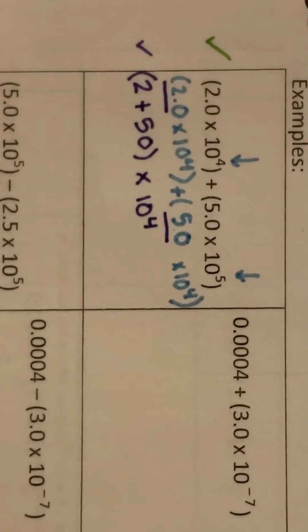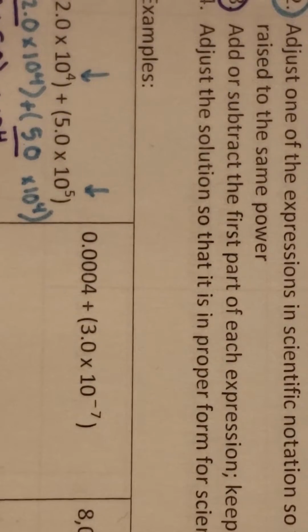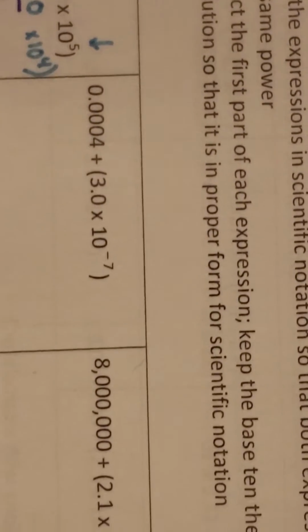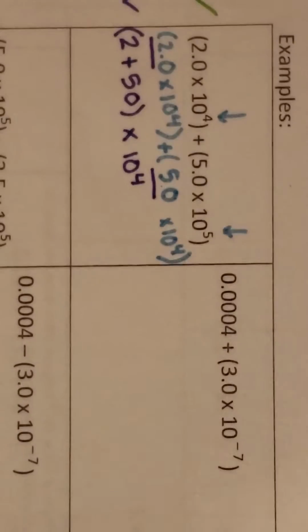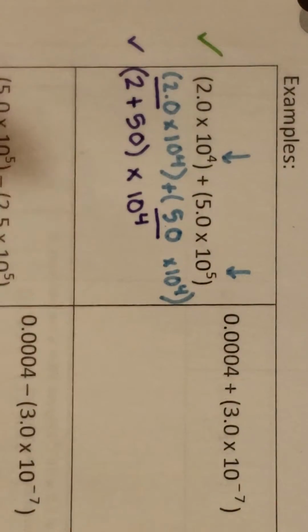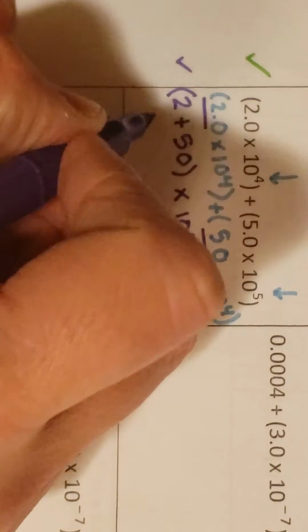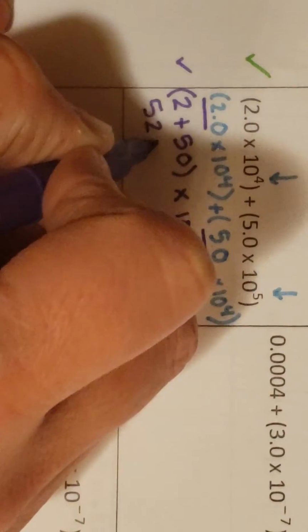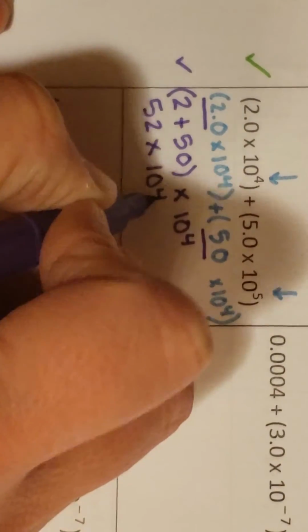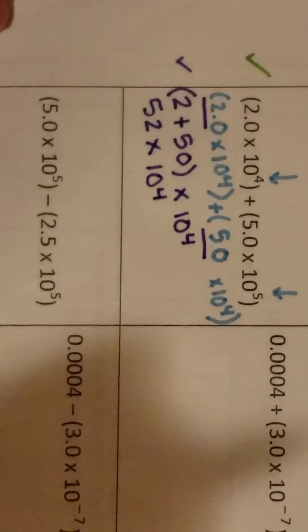And then finally, it says to adjust the solution so that it's in proper form for scientific notation. But do you know what I didn't do? I didn't finish adding. 2 plus 50 is 52 times 10 to the power of 4. Okay, so now it's time for step 4.